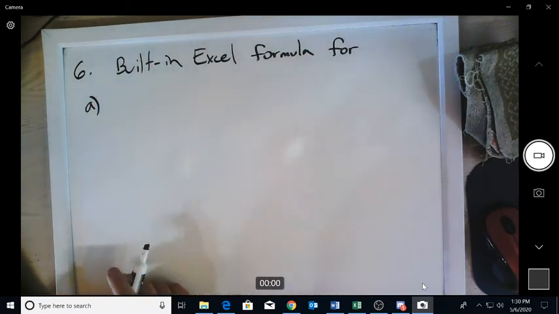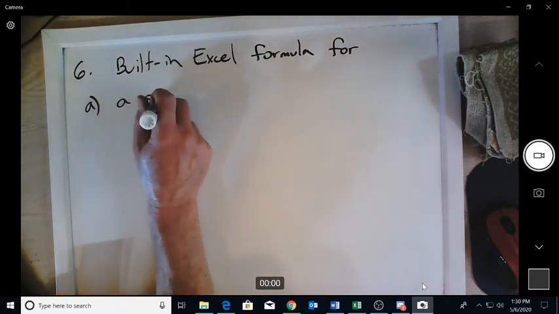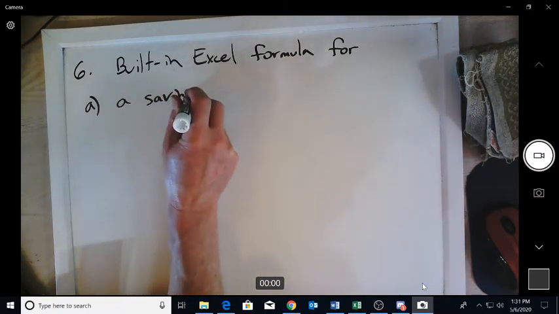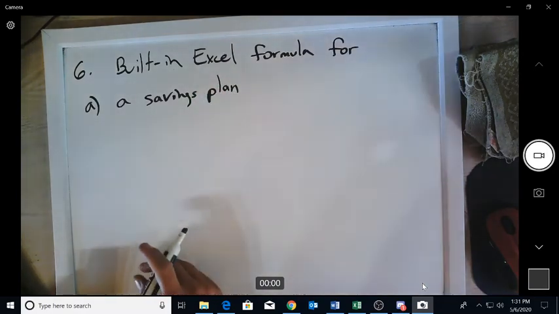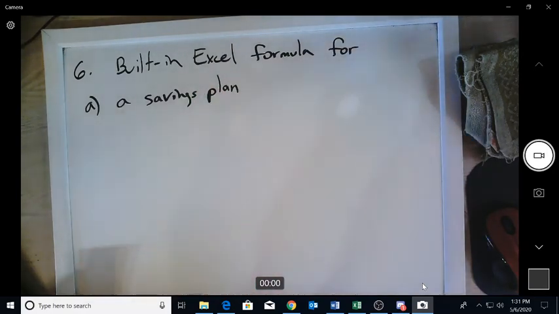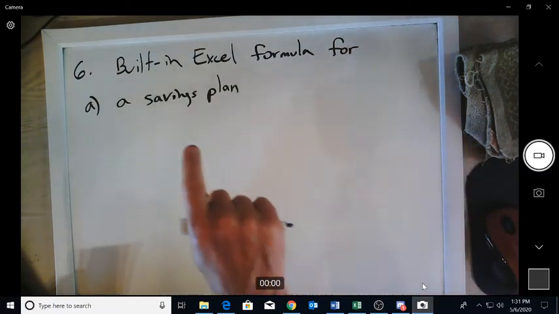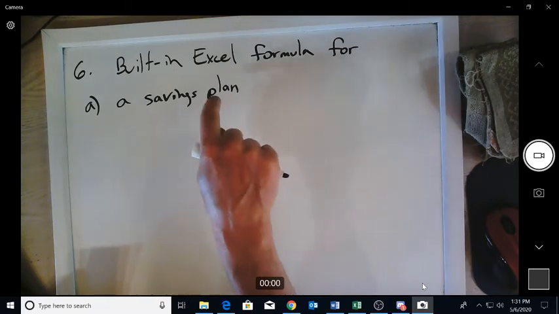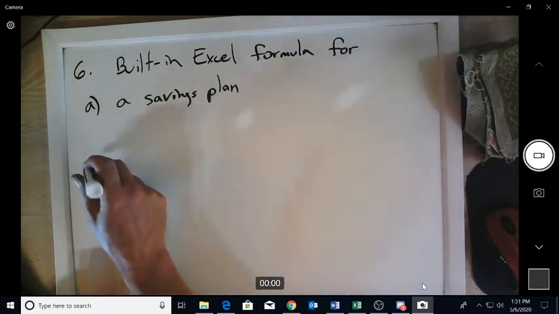We learned two different built-in Excel formulas. One for a savings plan. I'm going to save $50 a month for 10 years, and I'm going to get 6% interest, and you can figure out what your total is going to be with a built-in Excel formula. What formula is it?